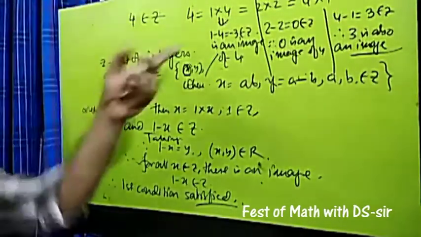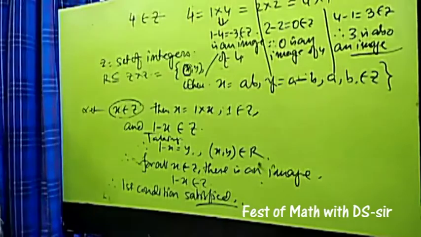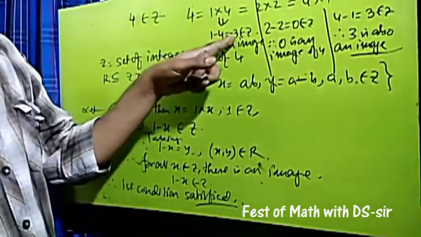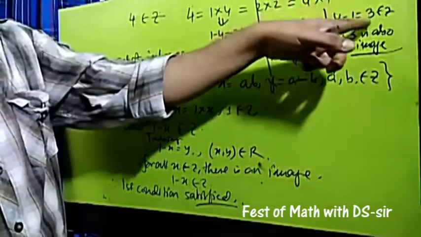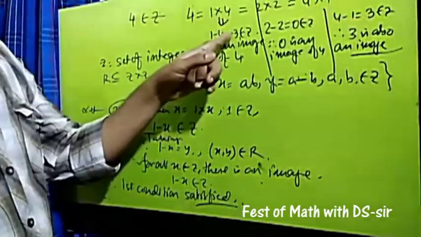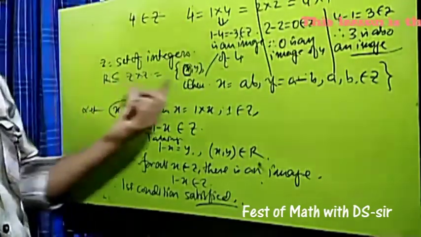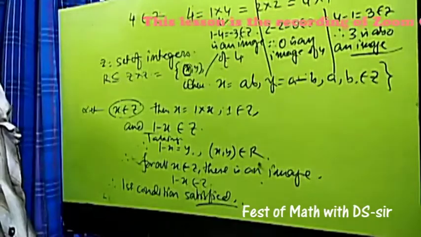So in this way, we see that 4 has 3 images: minus 3, 0, and 3. All are images of 4 under this relation.